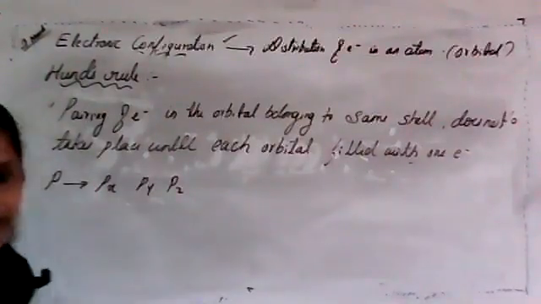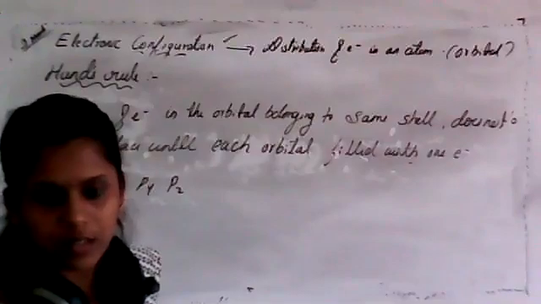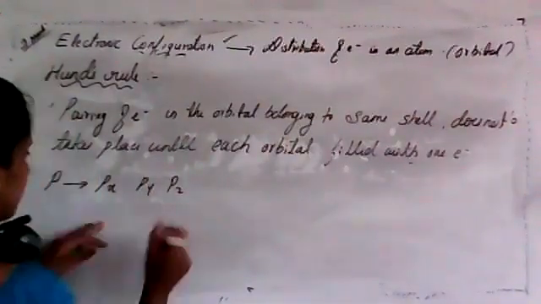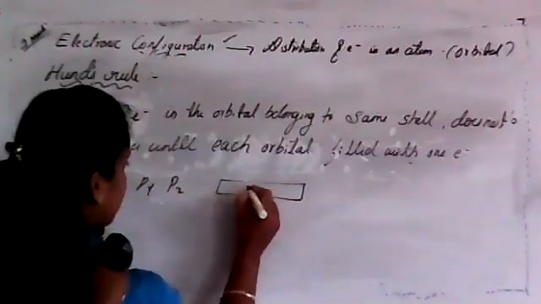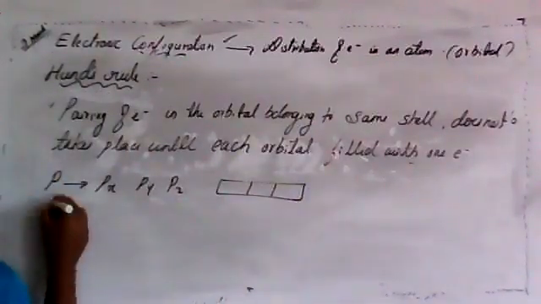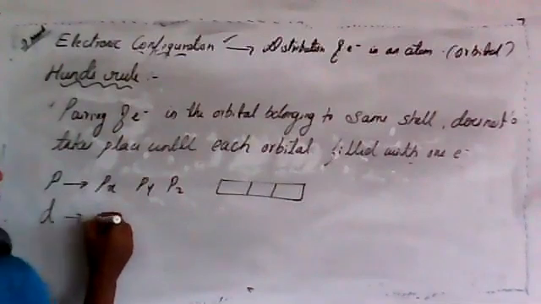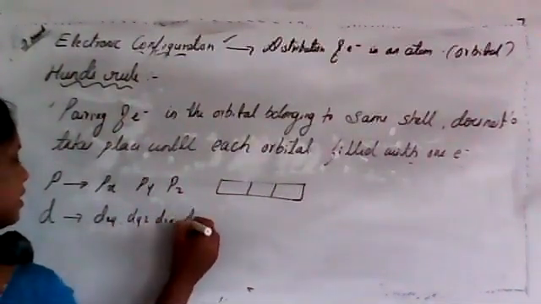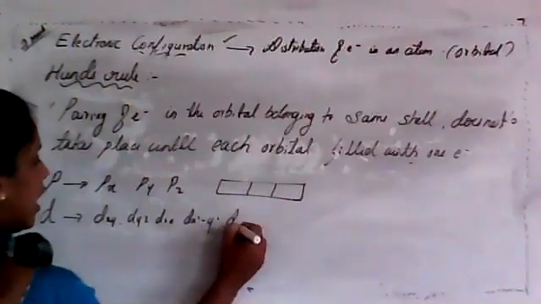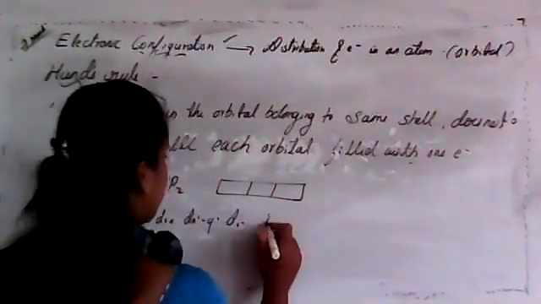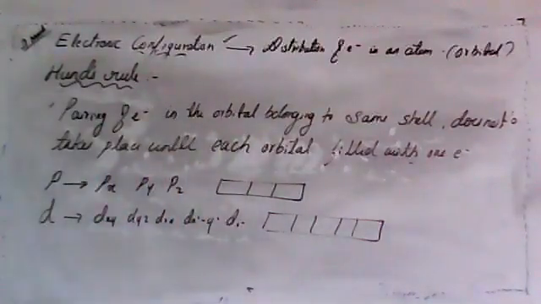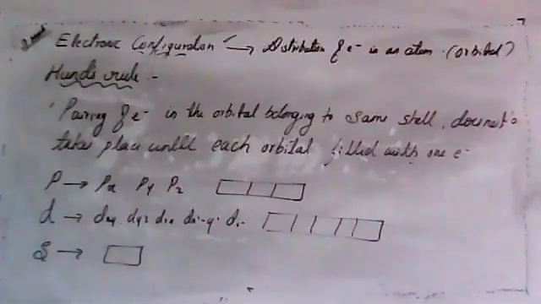How many boxes will be there? That is known as an orbital diagram. For d, it is dxy, dyz, dzx, dx square minus y square, and dz square, a total of 5 orbitals. For s, only one orbital.